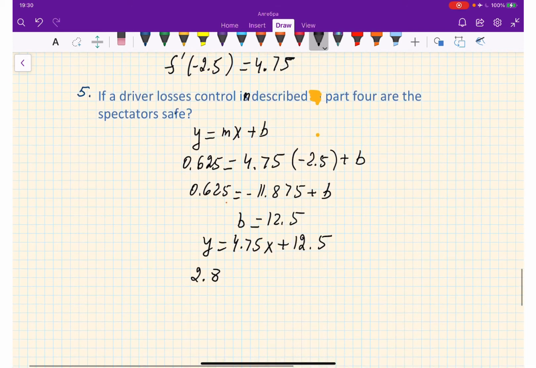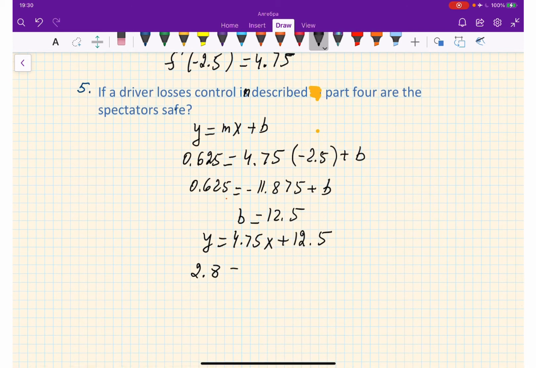So 2.8 is equal to 4.75x plus 12.5, right? And from here, if I move it, it's going to be negative 9.7 equals 4.75x.